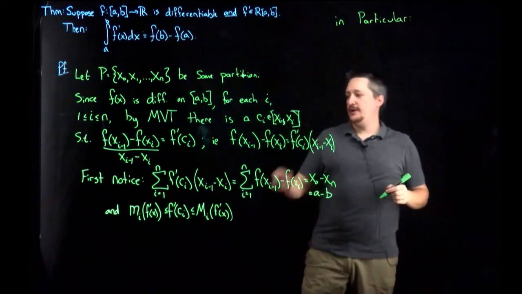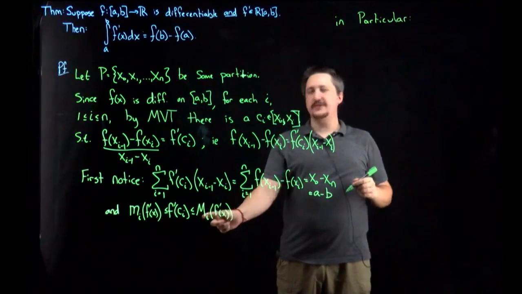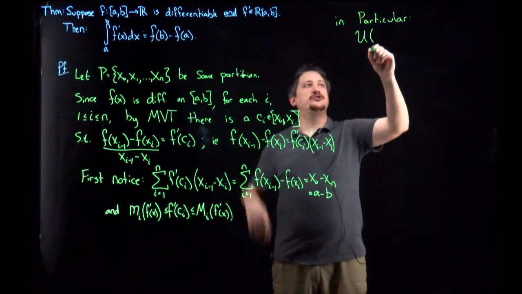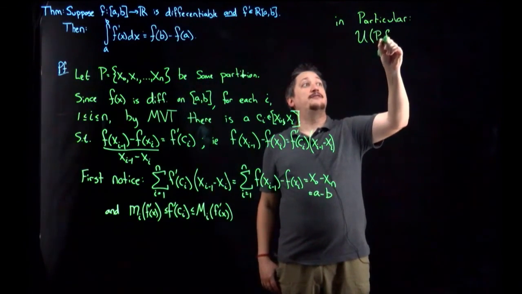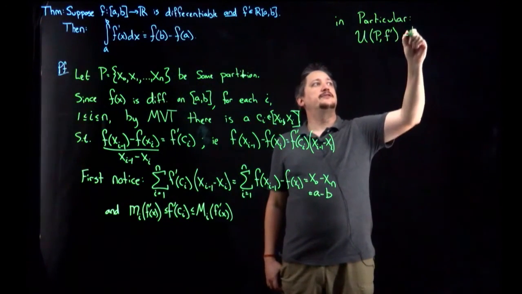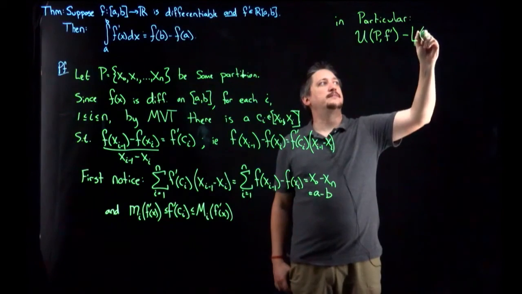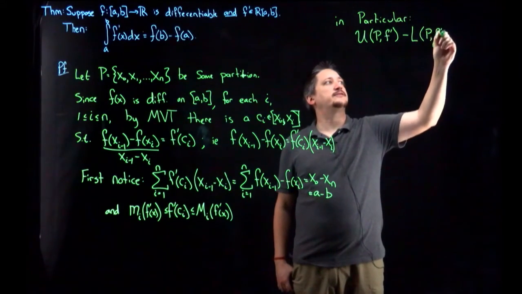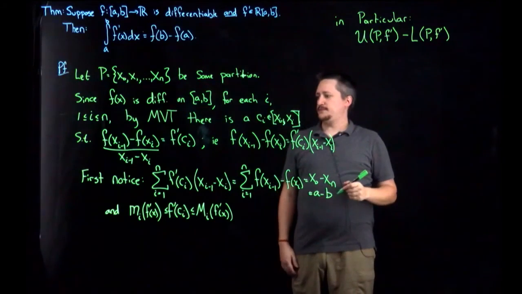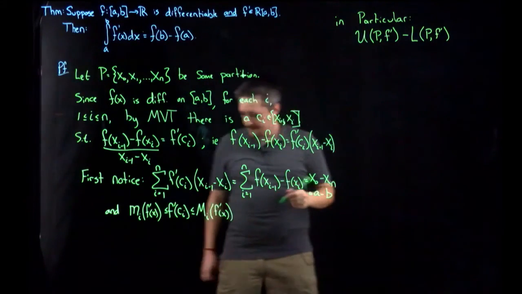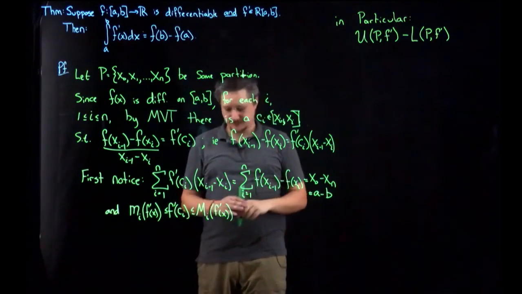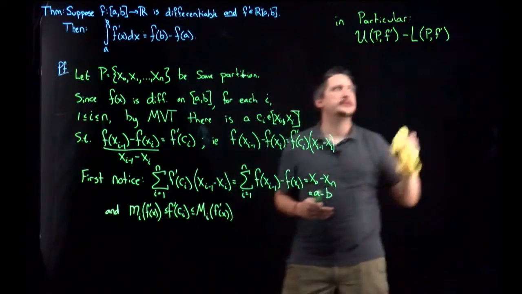if I were to do an upper sum, which are all these things, right? If I were to do some upper sum on this partition P on f prime of x minus the lower sum on, again, P on f prime of x, well, so, yeah, hold on, pause.